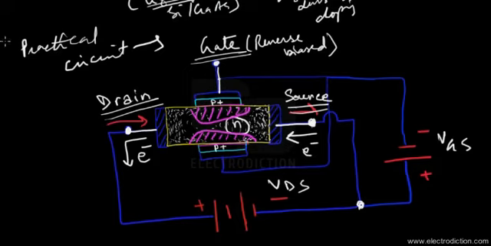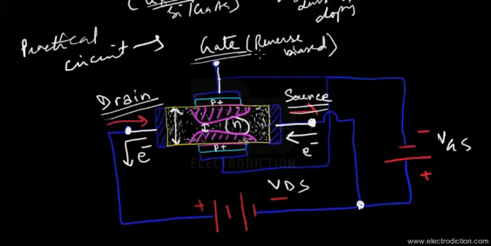This phenomenon leads to a decrease of the effective width of the channel, which reduces the effective current conduction area. The reduction in the effective current conduction area inside the channel leads to a decrease of the current through the channel.